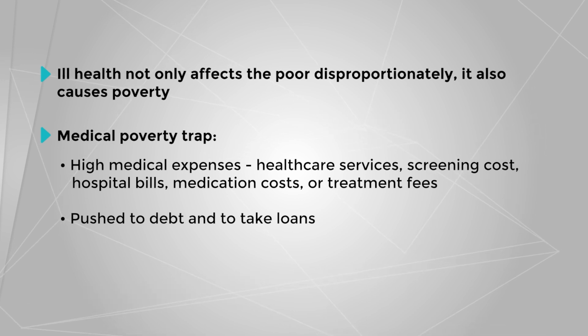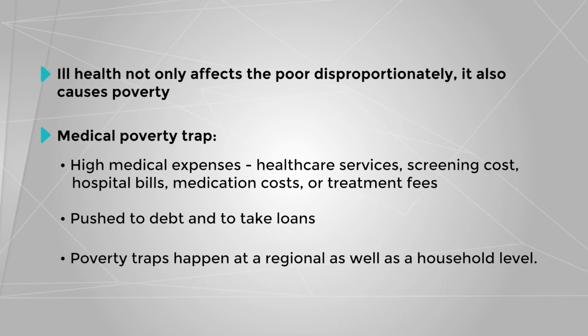They are in debt and are pushed to take loans, perpetuating a cycle of poverty. Poverty also encourages poor people to make suboptimal choices that have damaging effects on their health. Low income and poor health, therefore, combine to form a poverty trap. Poverty traps happen at a regional as well as household level.